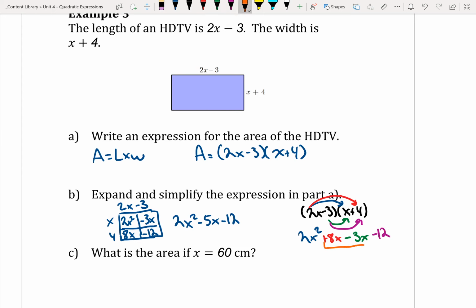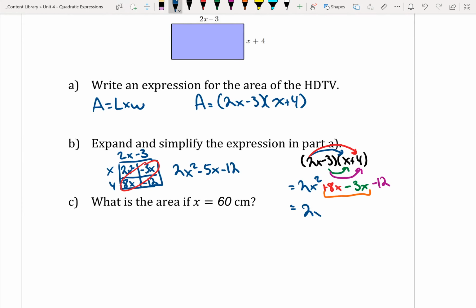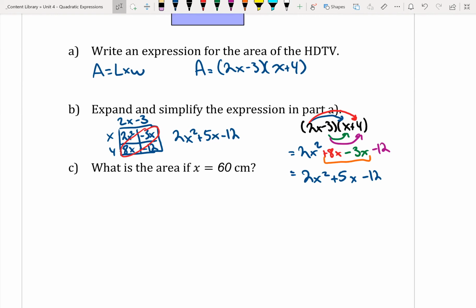There are two like terms that I can add up. Forgot to circle them back over here. And when I combine those like terms, I get a final answer of 2x squared, sorry, it should be plus 5x minus 12. So either way you choose to do it, you still get the same answer. So that means that area is equal to 2x squared plus 5x minus 12.